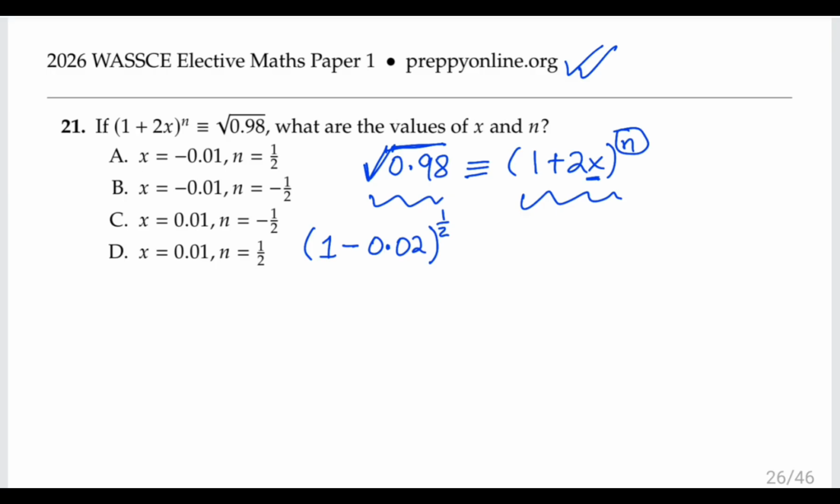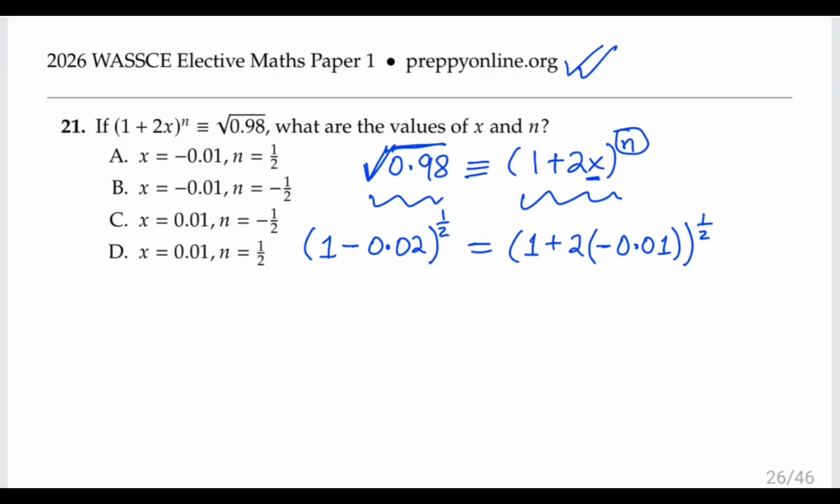If we want to change the minus to a plus, and we also want the 2 here, we can pull out a plus 2, and then we have minus 0.01, and then you have your power half outside.